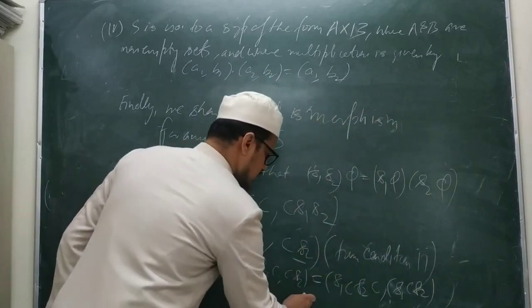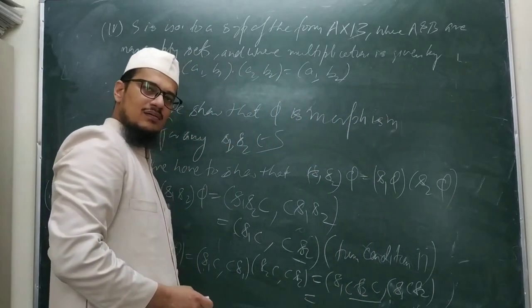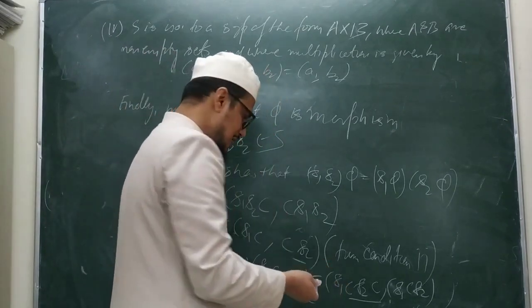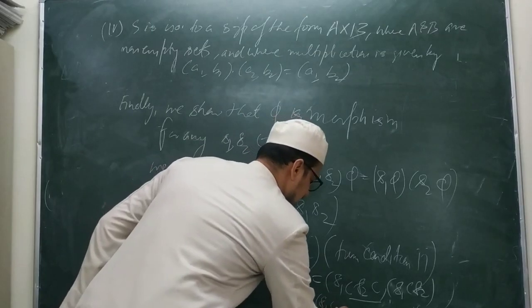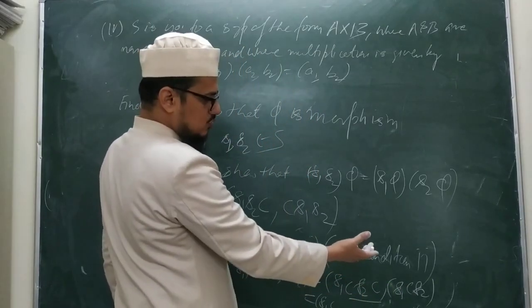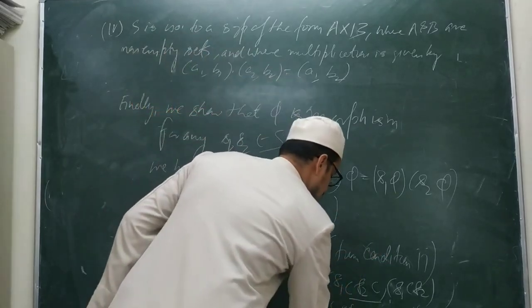So C S2 C will be what? It is C square, and C square is what? C. So it is S1 C, and similarly here C S1 C S2. So C S1 C is what? C square, and C square is what? C S2.